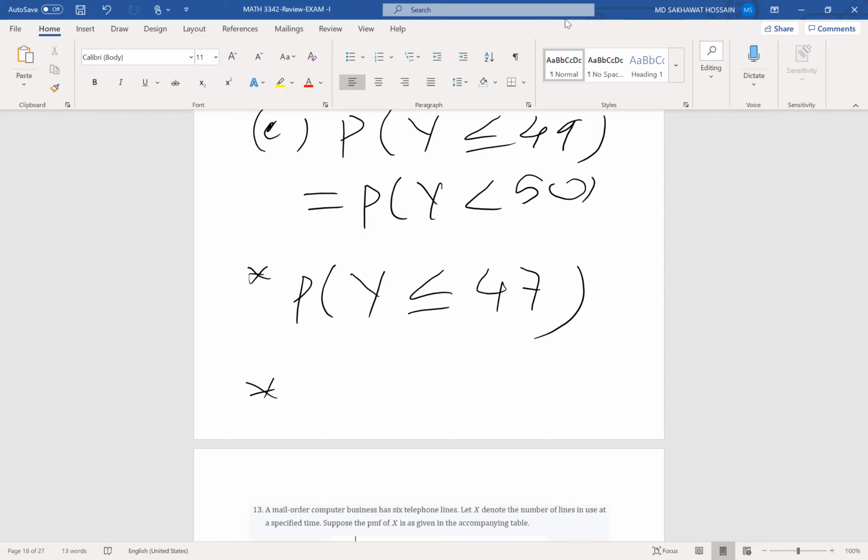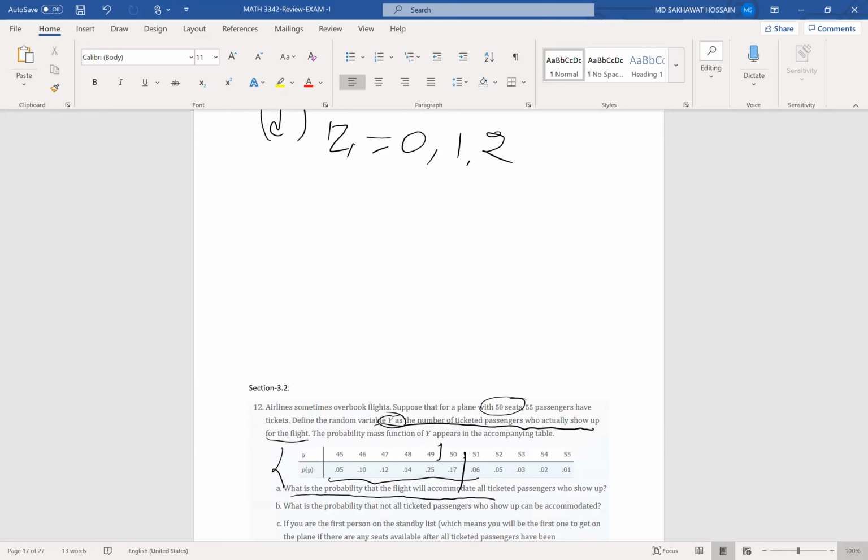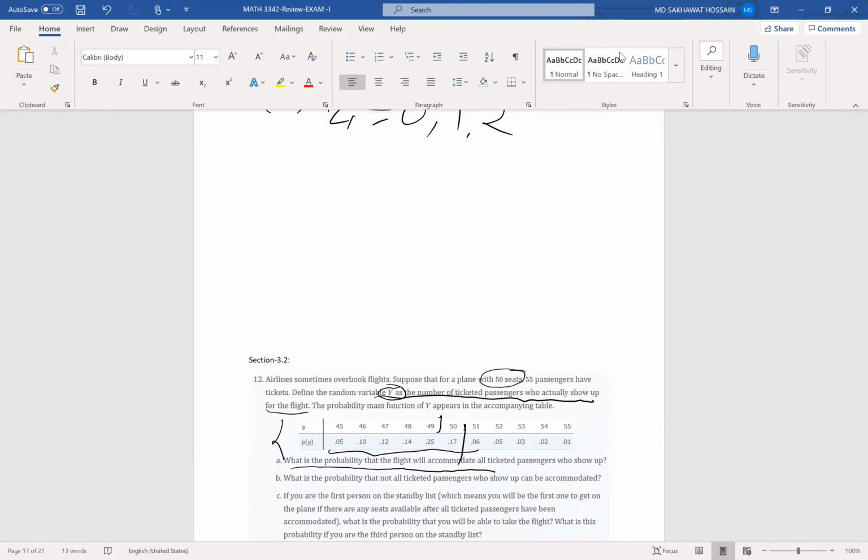Anyone? Okay, if you are the sixth person on the standby list, is there any chance that you will get on the flight?